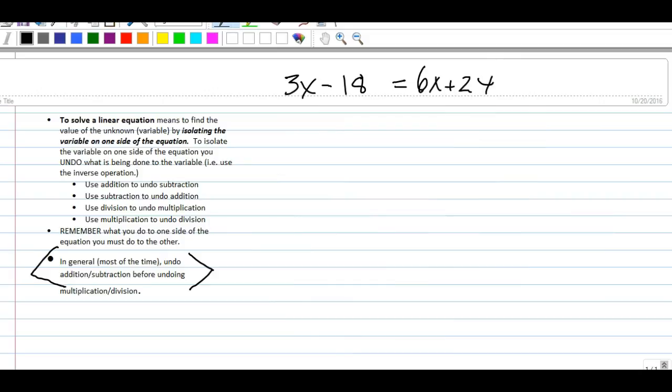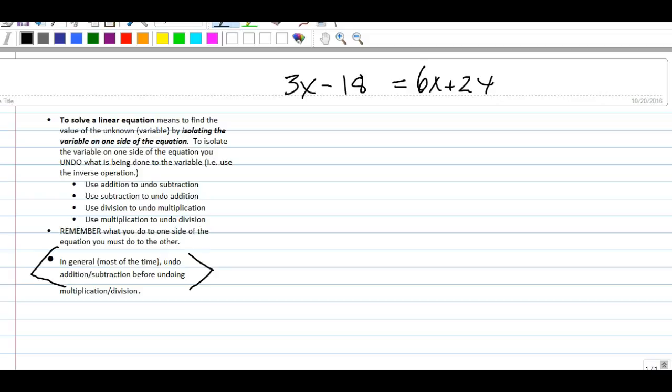Now this equation differs from the one that we have previously solved in that we have a variable on both sides of the equation. Before the examples that I showed you, we may have had a variable or like terms containing a variable on the same side of the equation, so we simply combine those like terms on the same side of the equation.